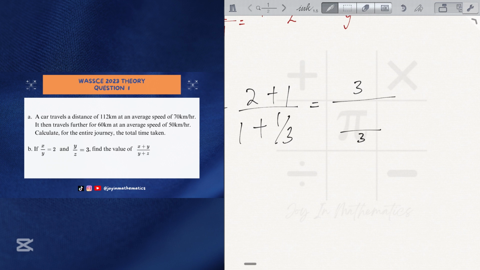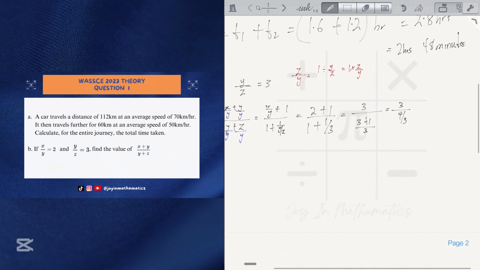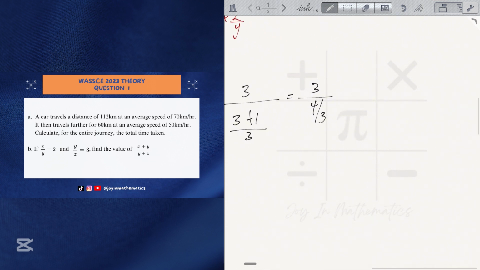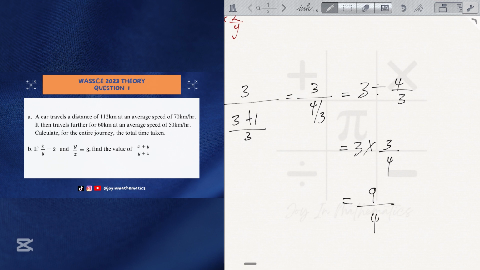The LCM is 3, and this will give us 3 plus 1, and this will be 3 divided by 4 over 3. So 3 divided by 4 over 3 is going to be written as this. Then if we change it to a multiplication sign, we'll have 3 multiplied by 3 over 4, and the answer will be 9 over 4.